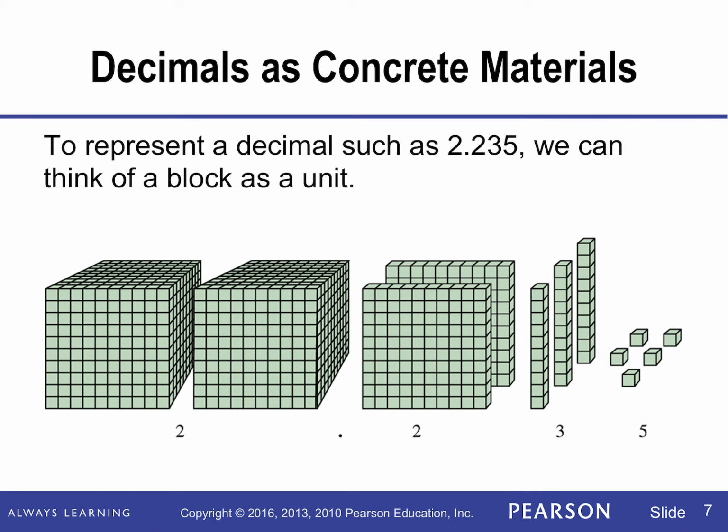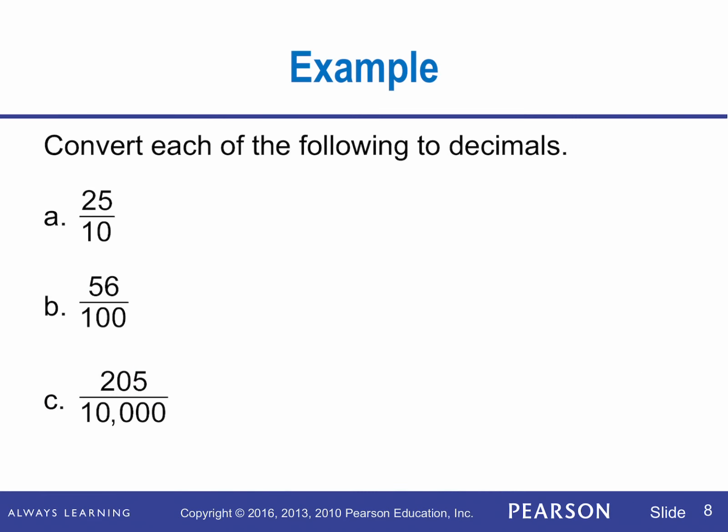A tenth of that block is a flat, so that's where these flats are coming from. 3/100ths, a hundredth of the whole, the block, is going to be the longs, and then 5/1000ths. All right, so you can use the blocks to help your students visualize decimals. I'm going to let you pause the video here and try an example, and then we're going to work on converting between rational numbers and decimals.